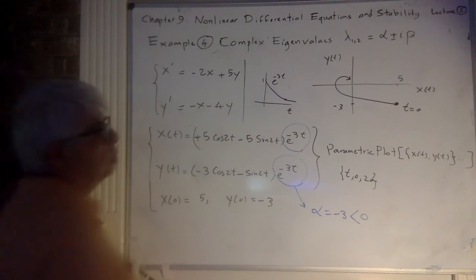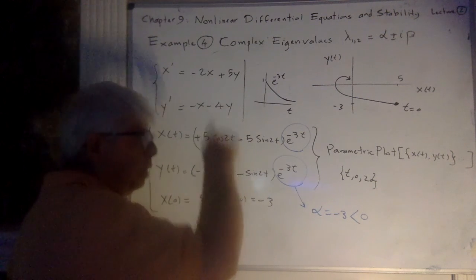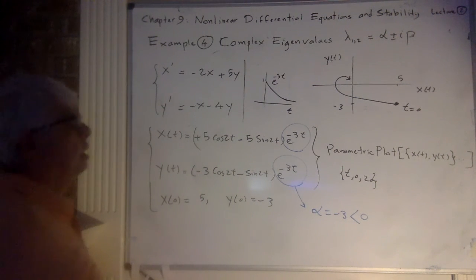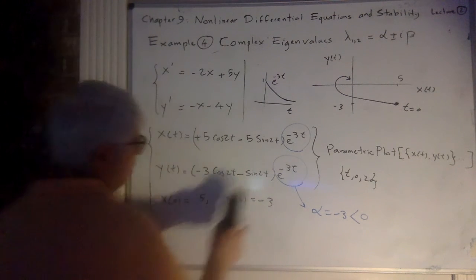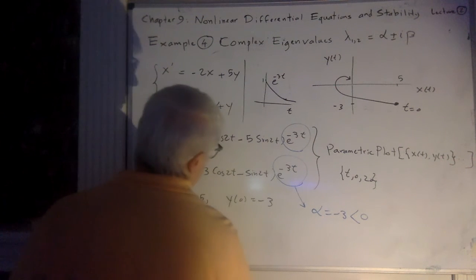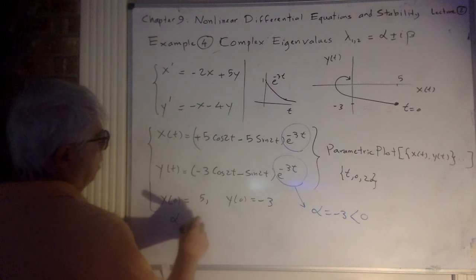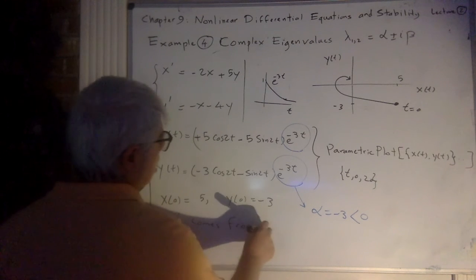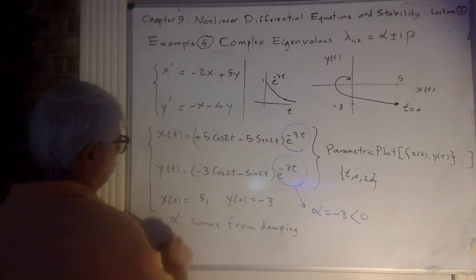But if you don't have too much damping, it's like -0.0001, for example, then it goes round and round and round, but it doesn't go to 0 too fast anyway. So that -3 or alpha has to do with damping, and beta is the frequency.